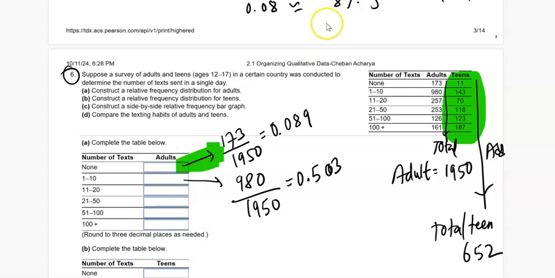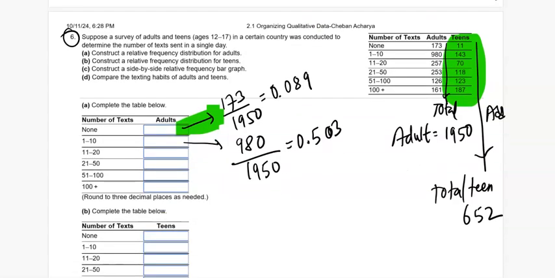To find the relative frequency of none text messages, it is 11, which is the number of teens who sent none of the text messages, divided by 652, the total number of teens in the survey, rounded to 3 decimal places, 0.017.